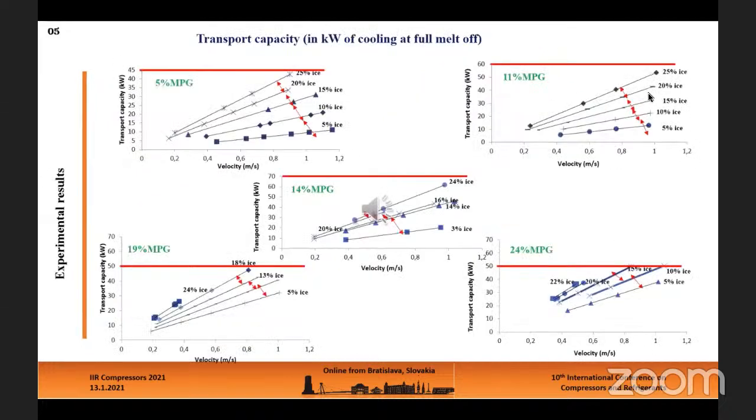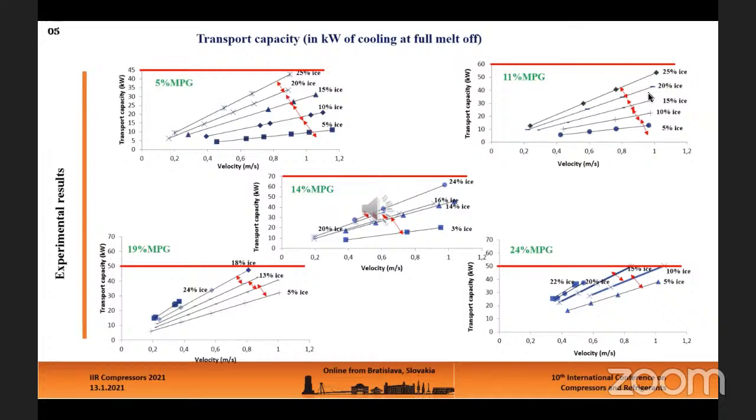This figure shows the variation of the transport capacity, in kilowatts of cooling at full melt-off in the pipe, versus the velocity, for 5 fixed initial concentrations of MPG and varying ice fraction. These figures show the linear dependence of the transport capacity on the average velocity.